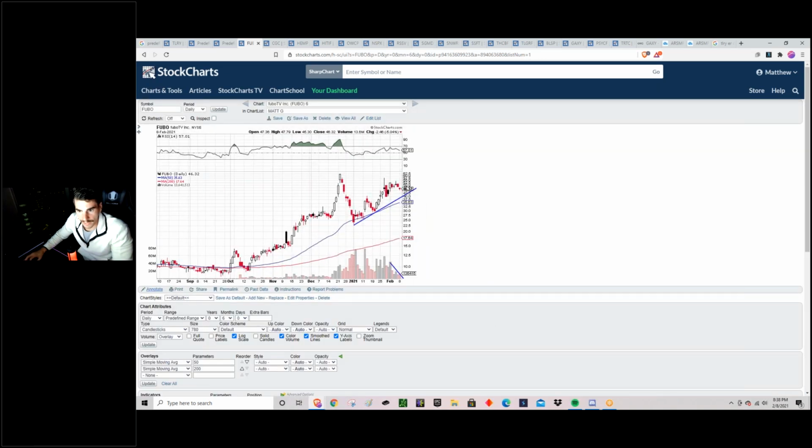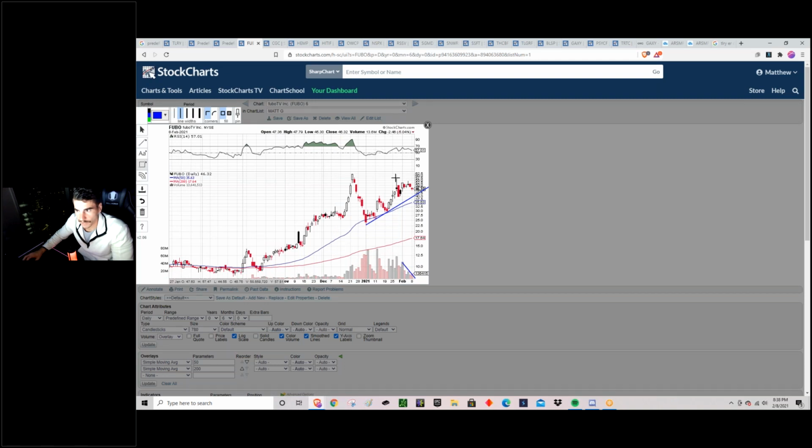Another thing that I like is that it's still technically trading inside of that one candle. It's not the textbook definition of inside, but the last 5 days are still inside the range of that very good looking candlestick from last Monday. It's had 5 days trading within that really good looking candle.